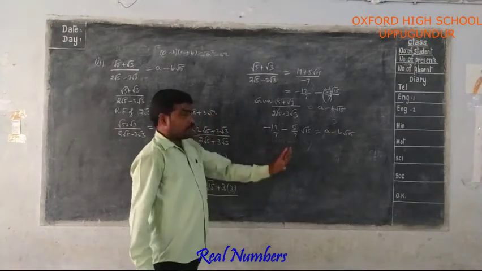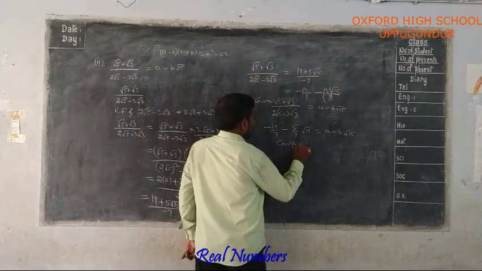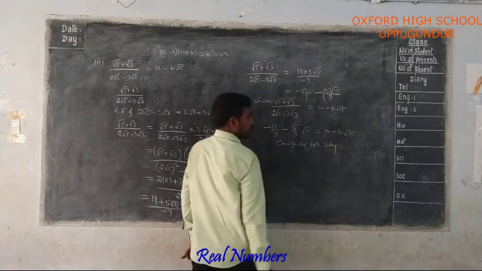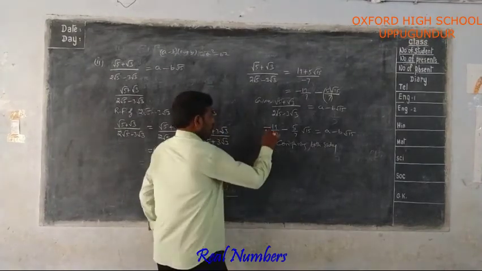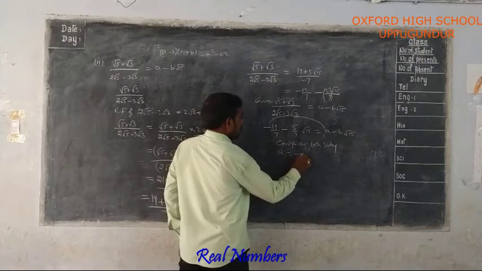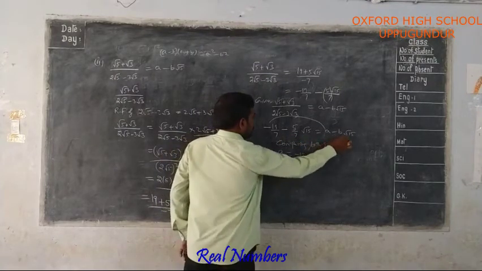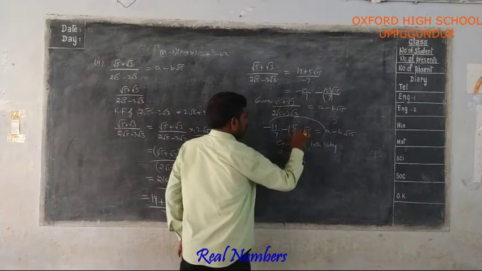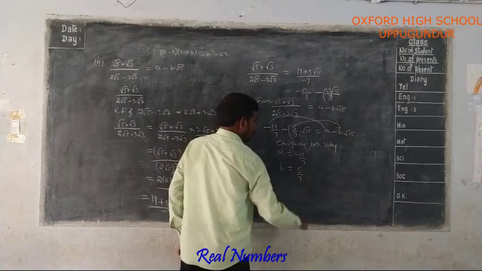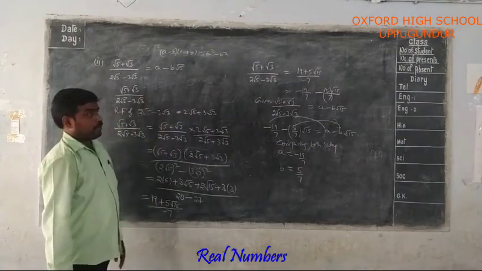Now comparing these two values on both sides, a value is minus 19 by 7, and b value: root 15 is common, so b value is 5 by 7. So b equal to 5 by 7. So in this way we can do this problem.